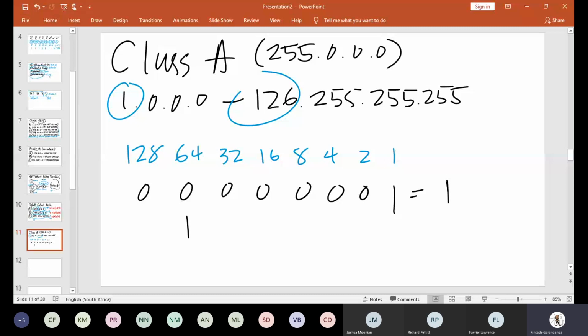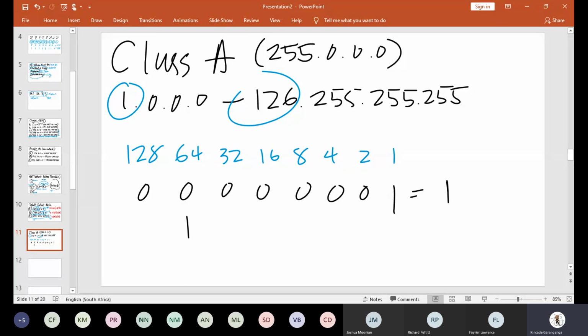And from a mathematics point of view, if we subtract 64 from 126, what do we get? 126 minus 64 gives us 62.